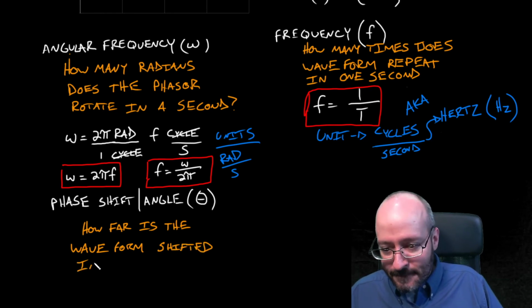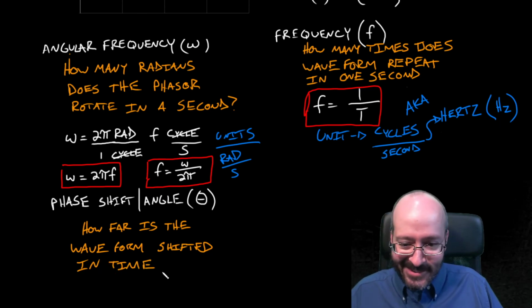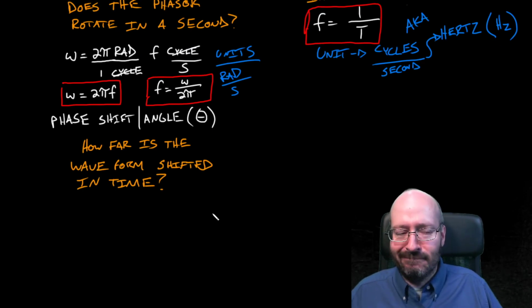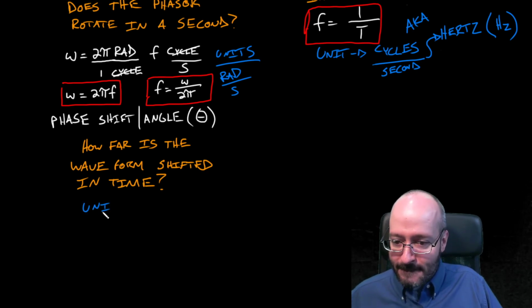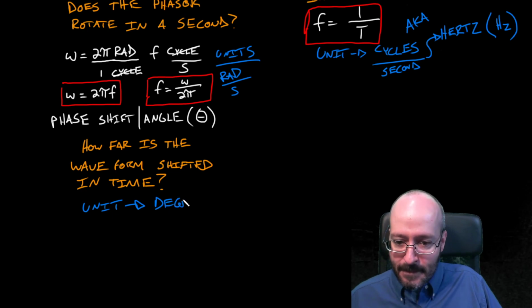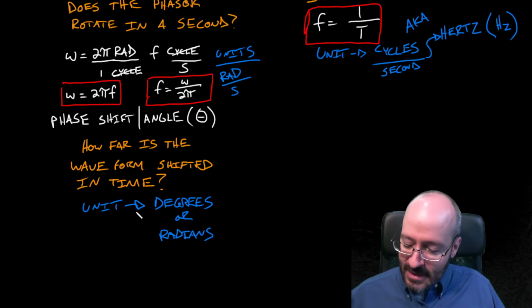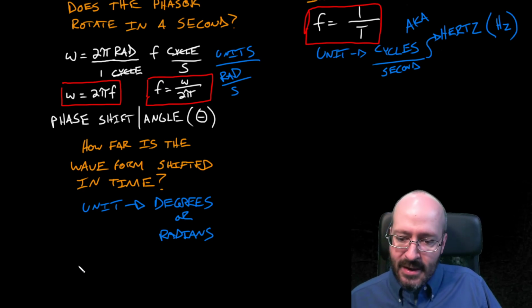In time, but even though it's measured in time, we're going to quantify it using angles. Okay, so the unit on this one is either degrees or radians. All right, and think back to how you do those conversions.